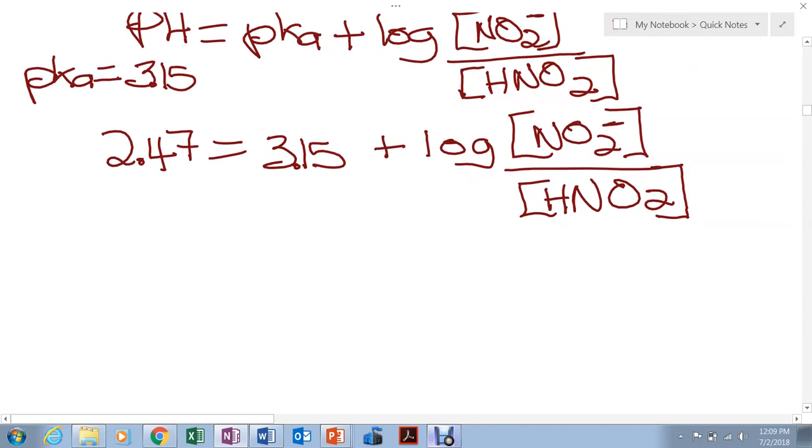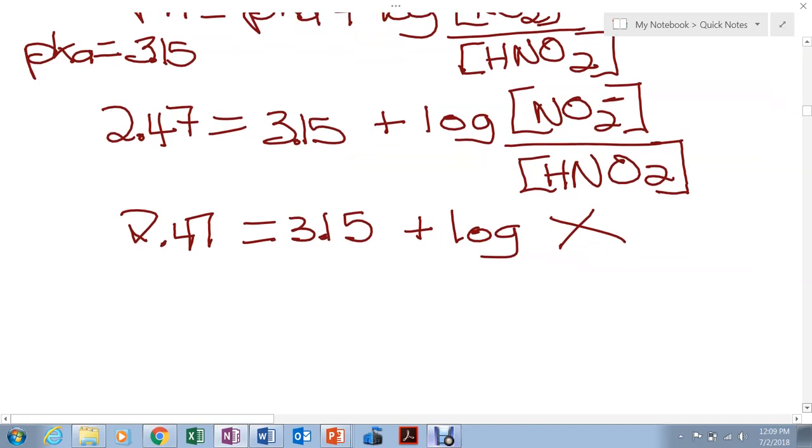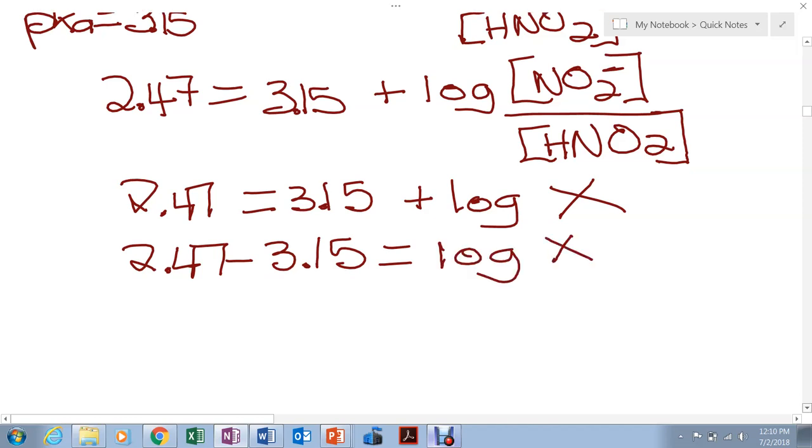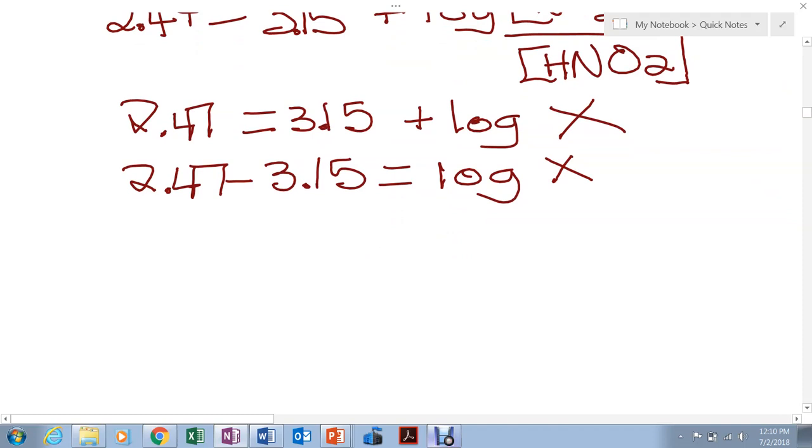So I'm going to call it X. 2.47 equals 3.15 plus the log, and this I'm going to call X. Okay, so you want to subtract this, you want to take this to the left. 2.47 minus 3.15 equals the log of X. After we find this, then this is minus 0.6787. Well, it was longer. Equals the log of X.